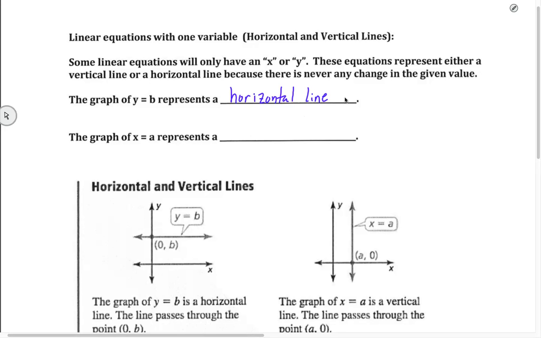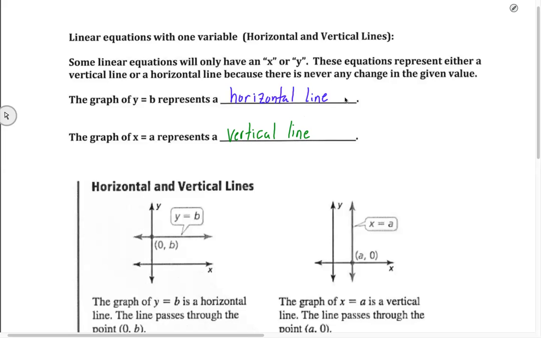Okay. Now, the graph of x equals a number represents a vertical line. All right, so y equals a number is horizontal like this. X equals a number is vertical like this. Now, how do I graph and write the equations of horizontal and vertical lines?